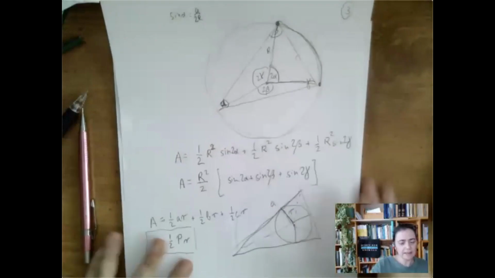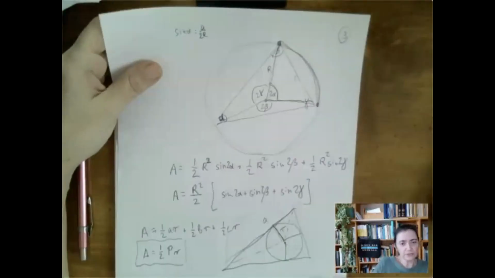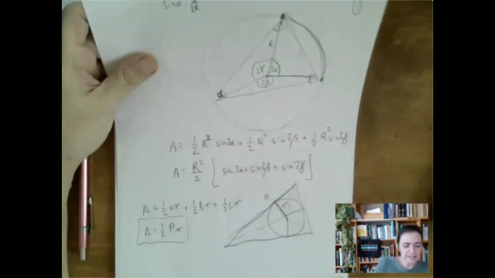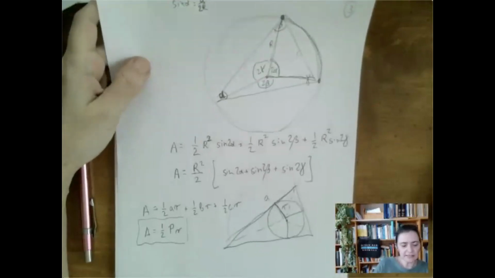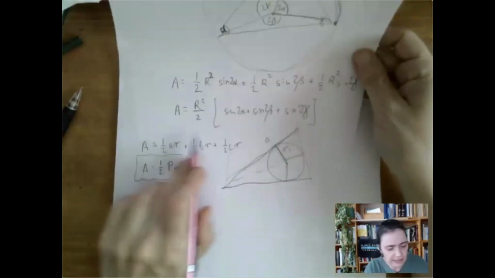Also, it just occurred to me, and I wanted to show you, what happens if the triangle is obtuse? If the triangle is obtuse, then the center is outside of the triangle. So then this sum maybe doesn't work. So there is a little worry that this formula that we just derived maybe breaks down with obtuse triangles.